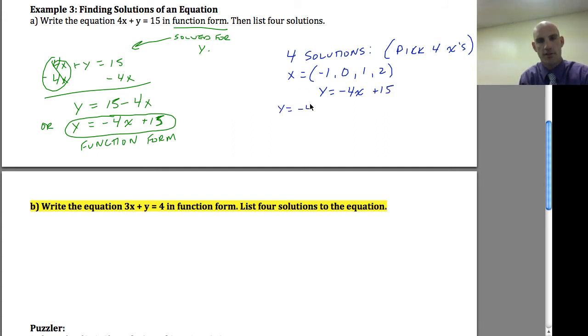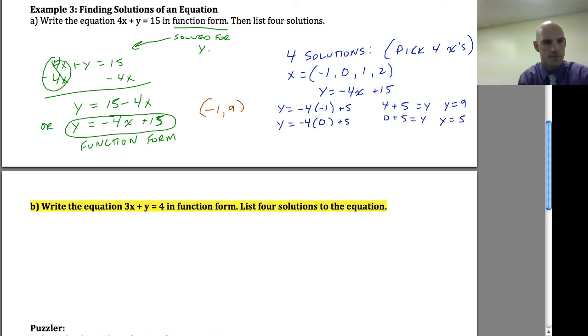y equals negative 4 times negative 1 plus 15. So this is going to be negative 4 times negative 1 is 4, plus 15, equals y. y equals 19. So my ordered pair is going to look like this: negative 1, 19. Let's do our second one. y equals negative 4 times 0 plus 15. So this is going to be 0 plus 15 equals y. y equals 15.